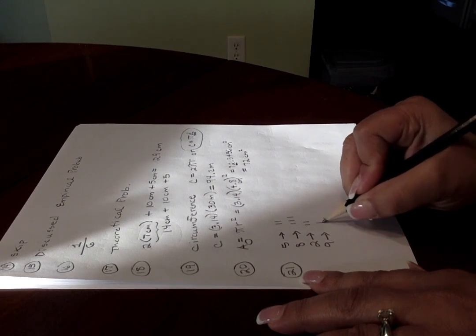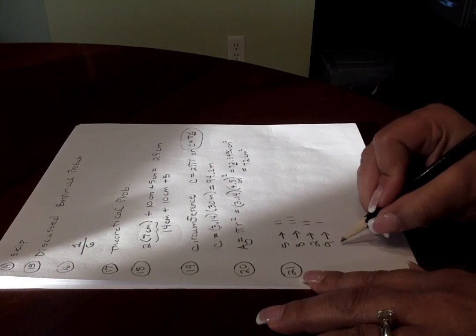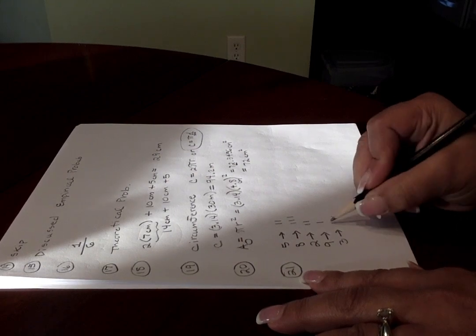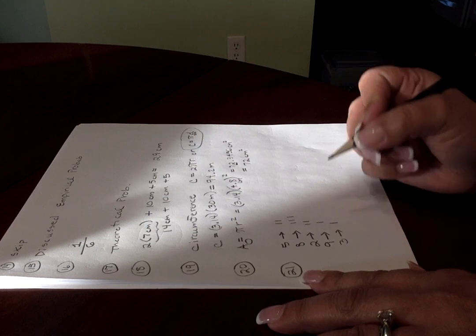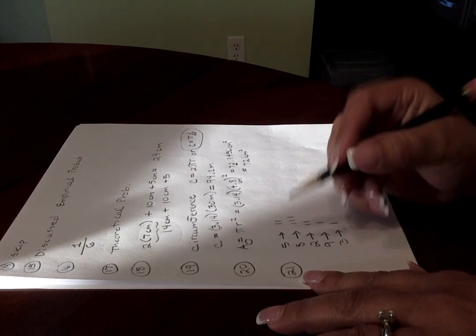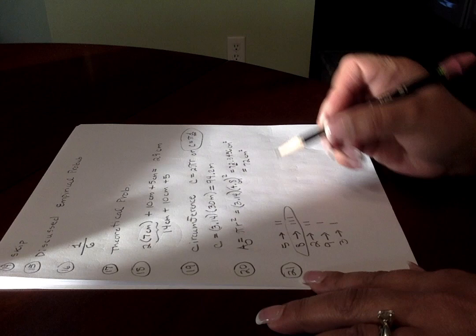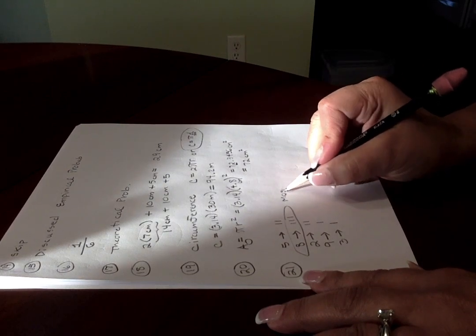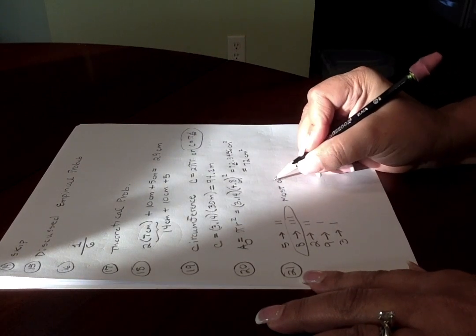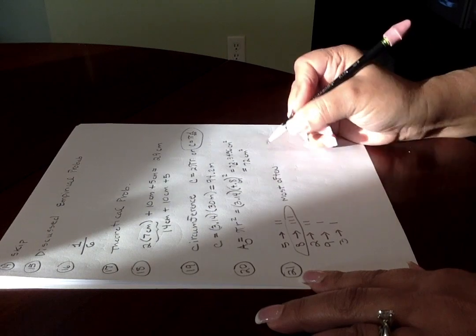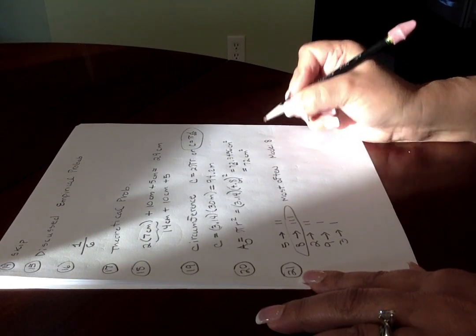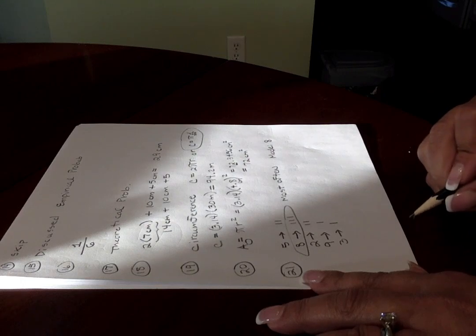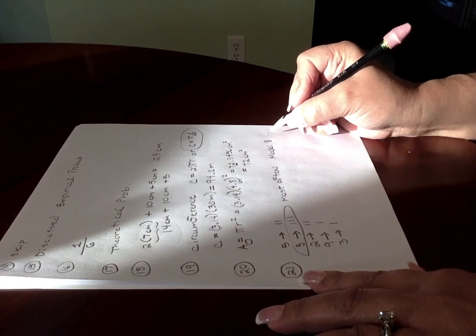Then you have the number 3, which only occurs once. 5s we already did, 8s we already did, 2s we already did. So the one that occurs the most often is the number 8. So therefore the mode is 8. Okay, and that would be choice D.